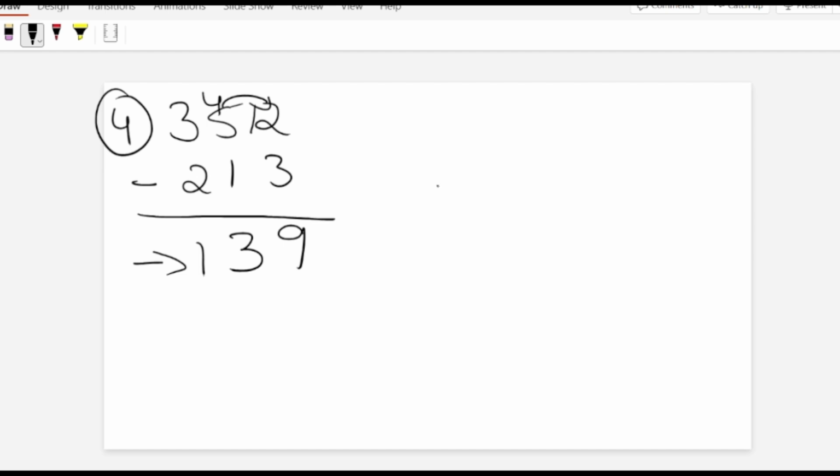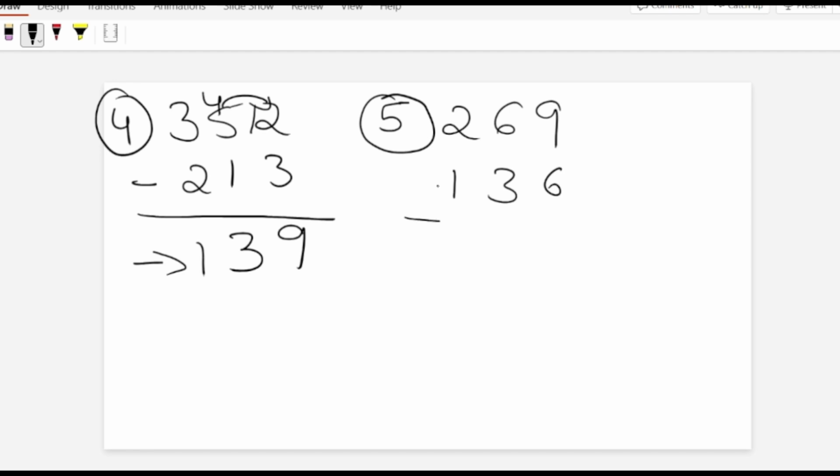Let's go to another example. Simple. Fifth example. Take any three-digit number. 269 minus 136.